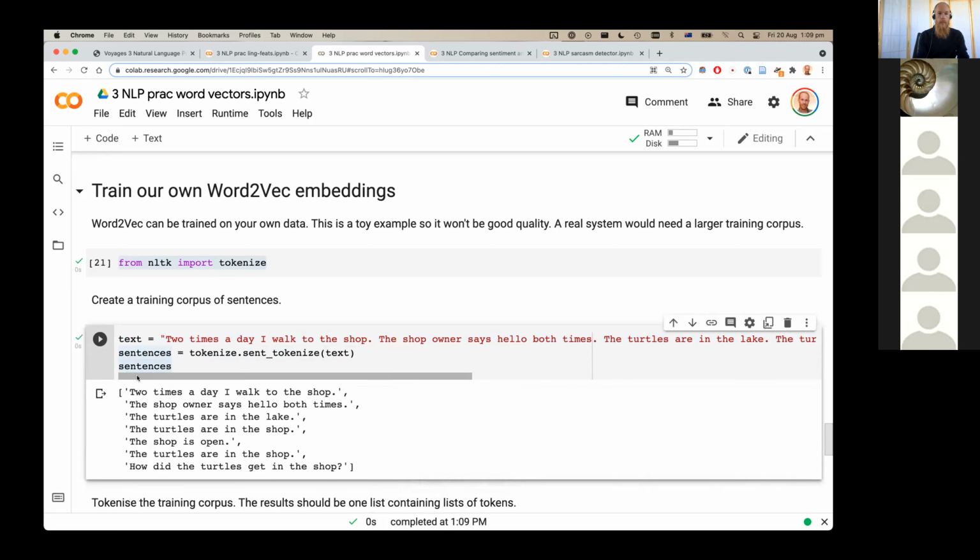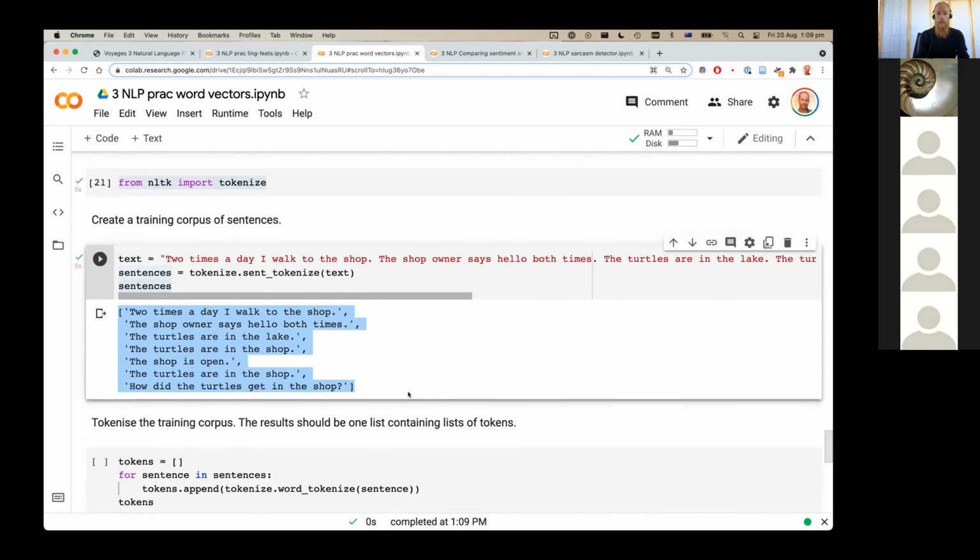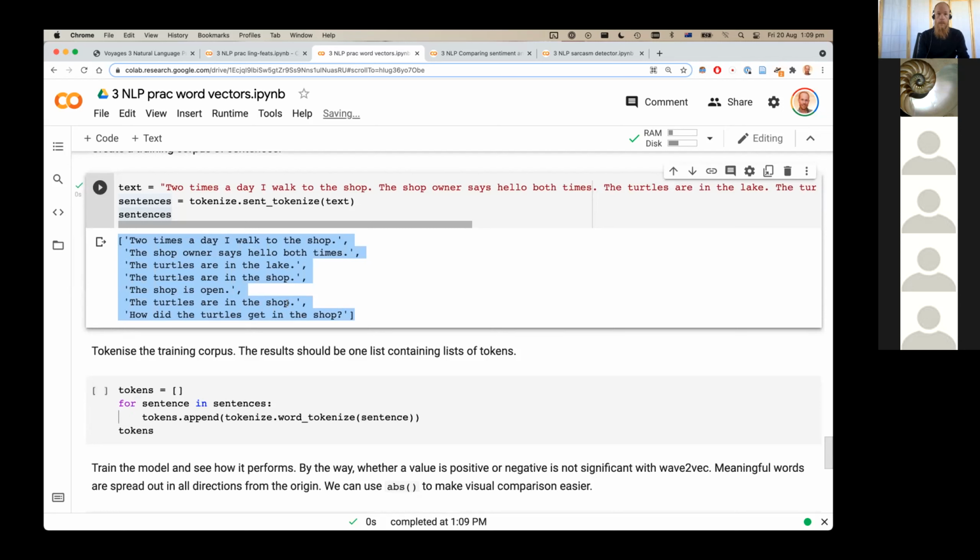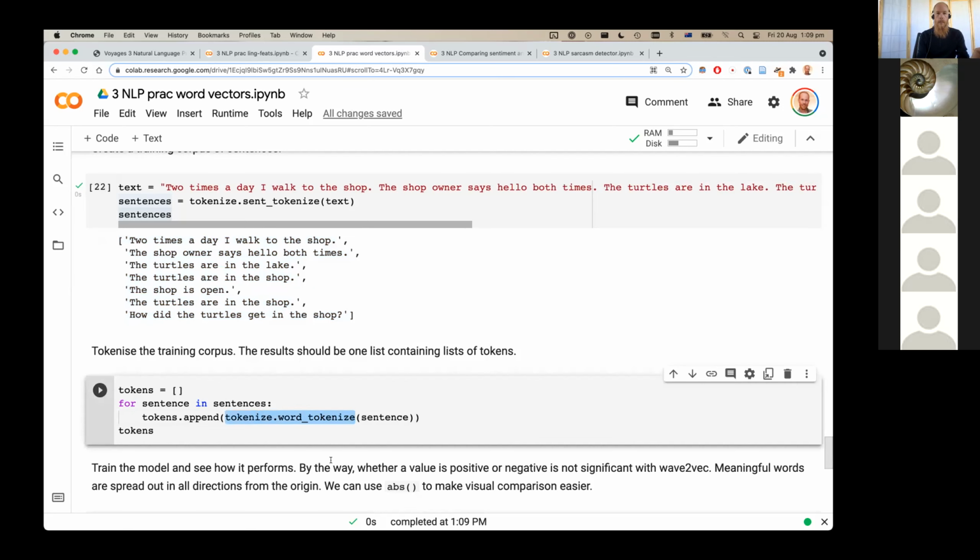So I'll run that and we'll see the shape of this corpus. It's a list of sentences. So this is the format to begin with, and then we'll tokenize each of those sentences. We should end up with one master list containing individual lists of tokens. You might remember this from the data processing Colab.